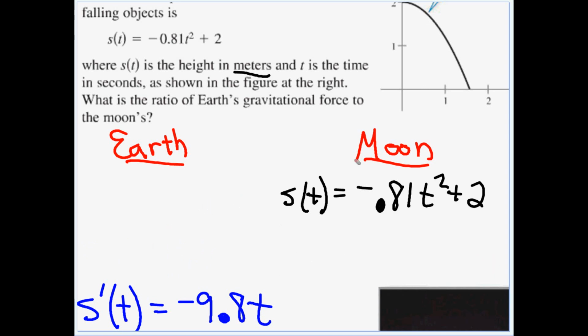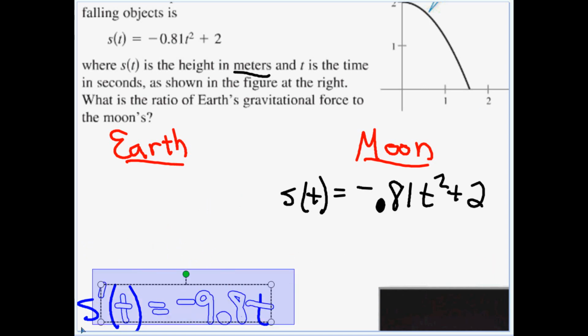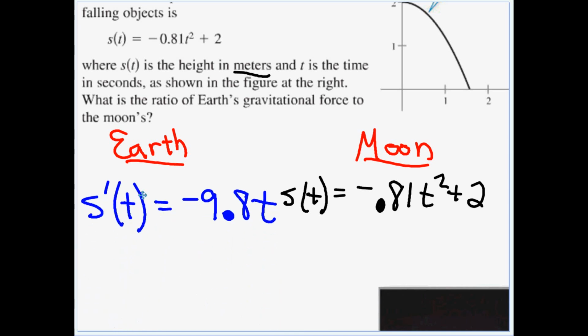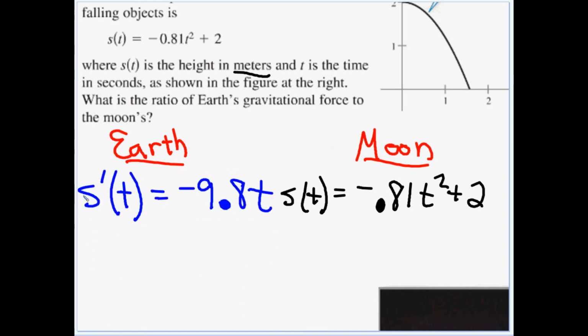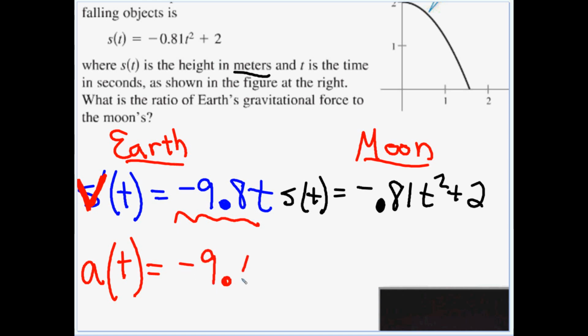That is Earth's velocity function, s prime of t. Remember, we could have used v of t. S prime and velocity are the same thing. Now, if we derive again, acceleration with respect to time, if we derive negative 9.8 t with respect to t, we just get the negative 9.8.